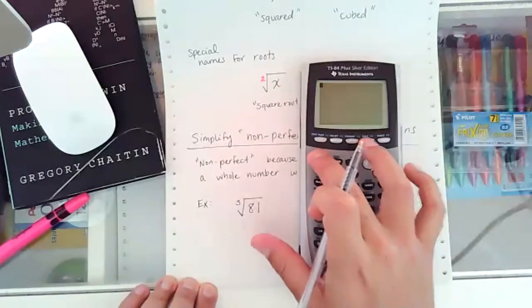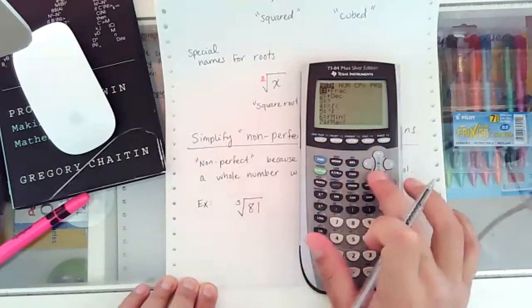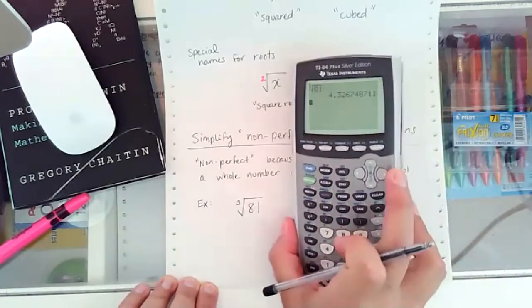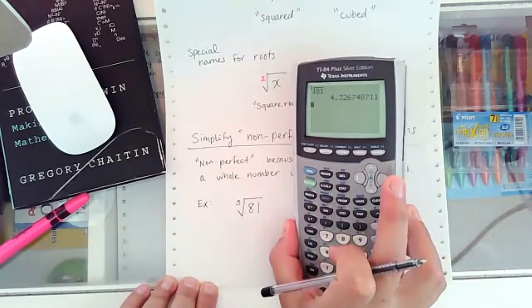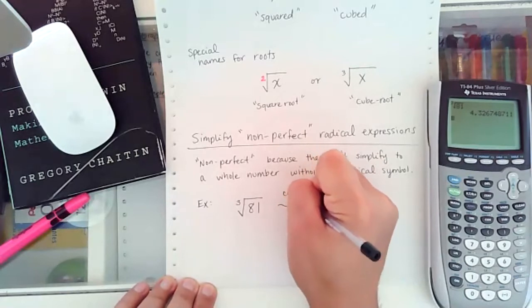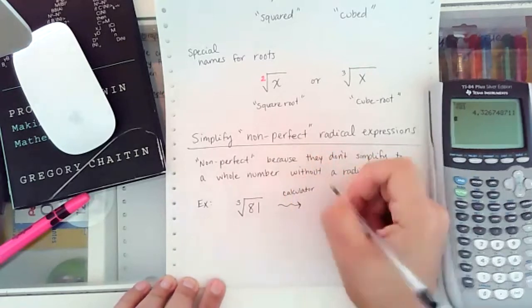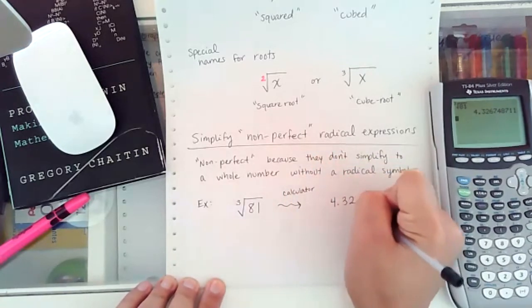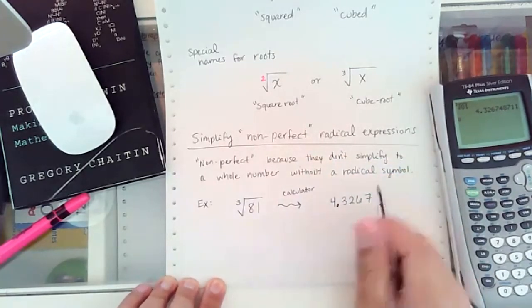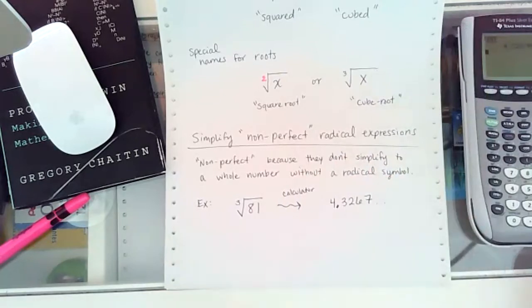I said, okay, math, cube root of 81 in the calculator gives us this ridiculous number, 4.3267..., because I'm too lazy to write this approximation.